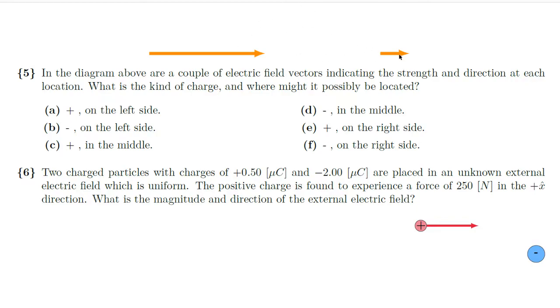In other words, if this right arrow was actually pointing to the left towards the center, and both of them pointed towards the center, then it could be a negative charge in the center. Or if you flipped this longer arrow the other way, then both arrows would be going away from the center and it would make sense that it's positive. But that's not going to be possible here.